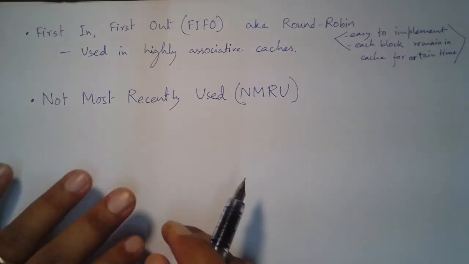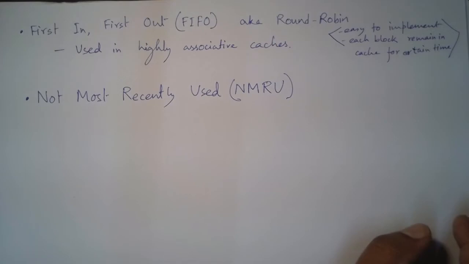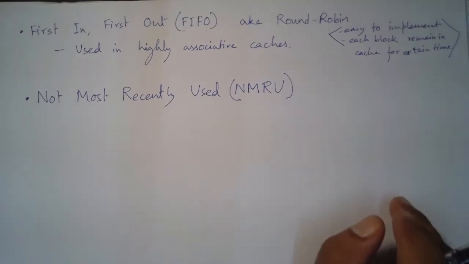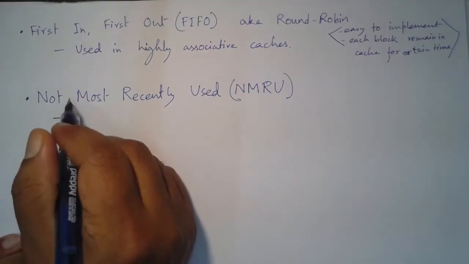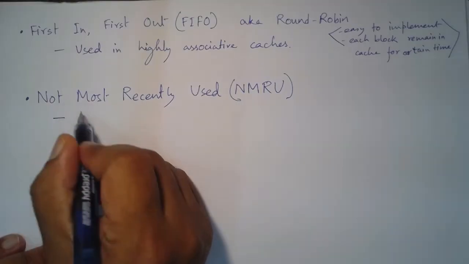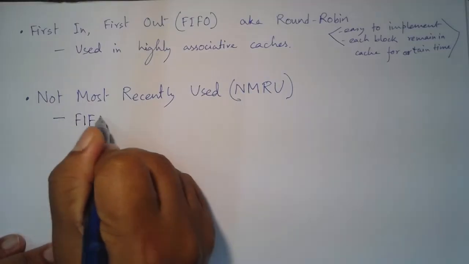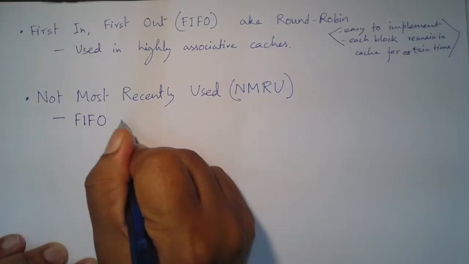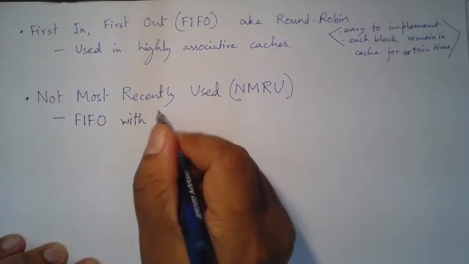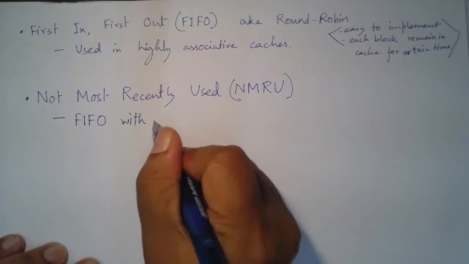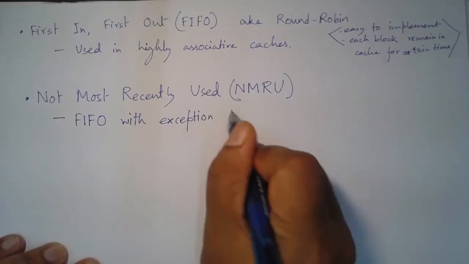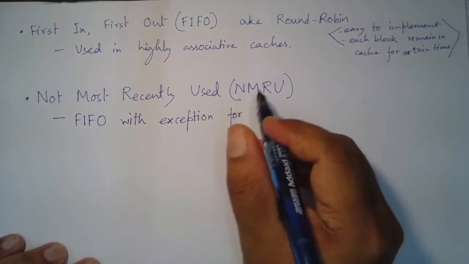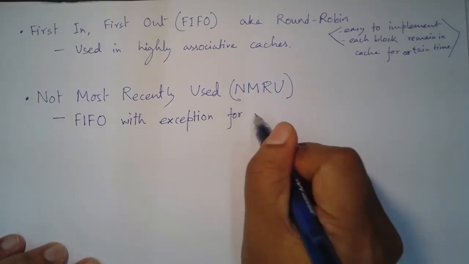While your FIFO strategy tells that this is the block, if that block is the most recently used one, then you will not evict it and you will go to the next block. Okay. FIFO with basically an exception for most recently used blocks.